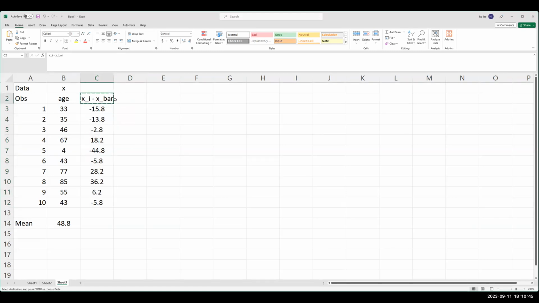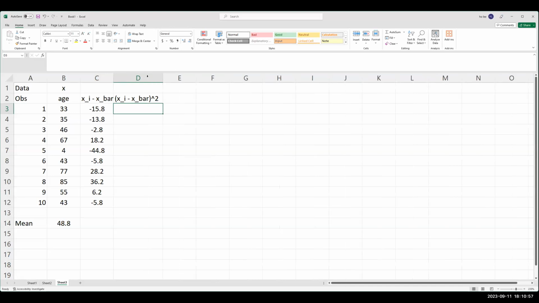And then I got to square it. Remember, we got to square it with the little caret. That means to the 2 power. Okay, that's squared. In order to do that, you just do equal to this multiplied by itself, or you could do this to the power, which is shift 6, the little caret, 2.